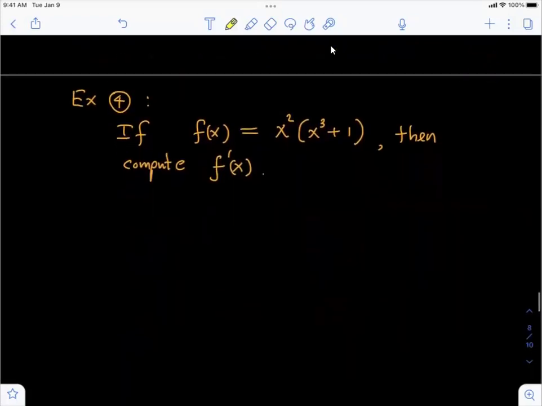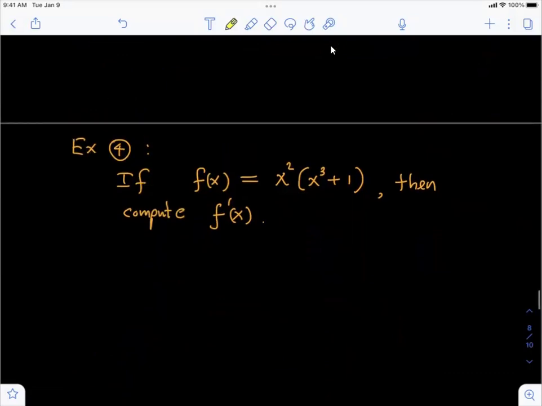Example number 4, another different notation. When you have f of x given, now I'm asking you to compute f prime. Look at this. The disadvantage of this prime notation is you cannot ask the question in one single line. You need to give the first line with the original function, and then you need to ask for f prime. Compare it with the previous problem.